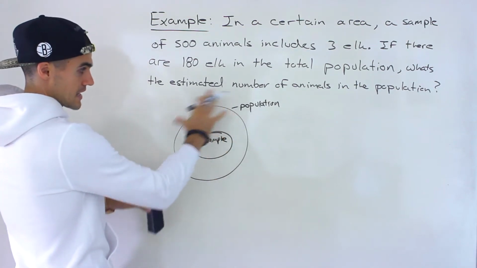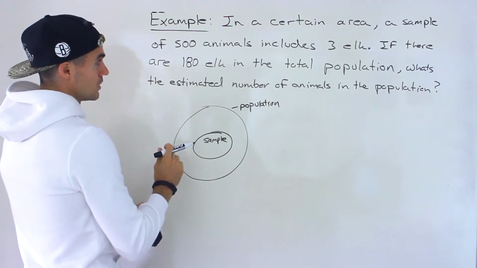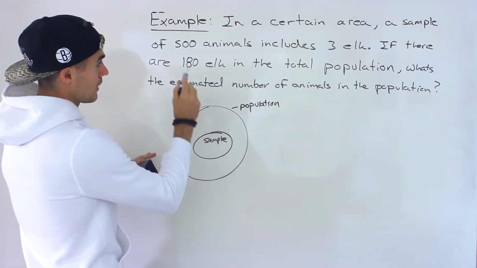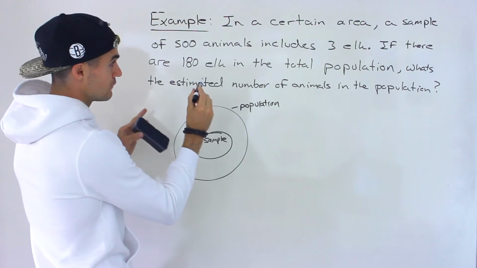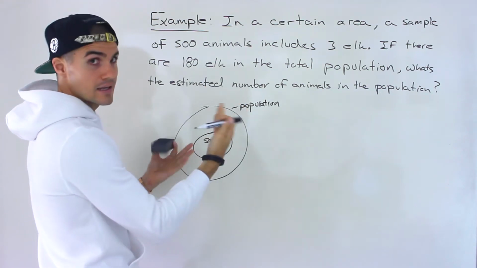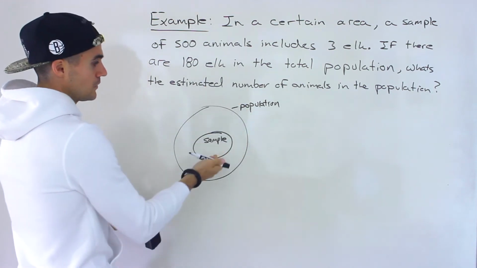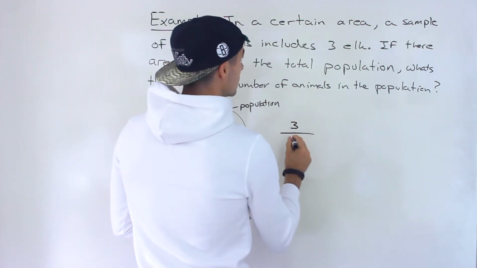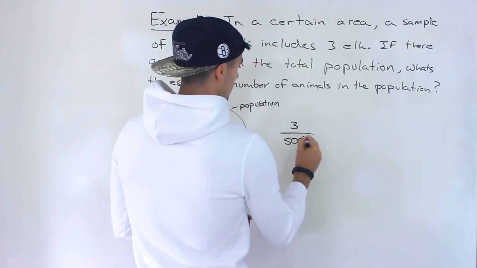which would be like a subset of that population, we're told that this sample has 500 animals and 3 of those 500 is elk. And so what we can do is we can create a fraction here. Right?